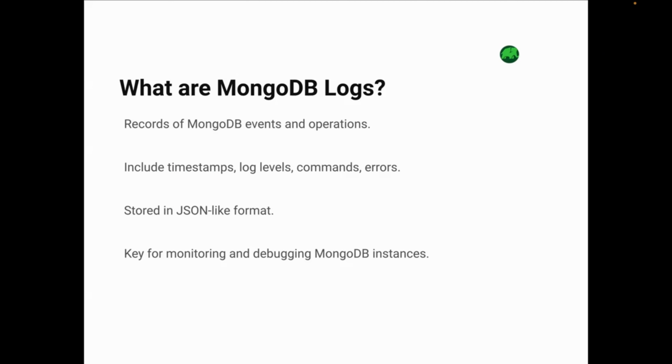First off, let us clarify what MongoDB logs are. These logs are essentially records of events and operations within your MongoDB instances. They capture timestamps, log levels, commands, and errors, everything you need to keep track of your database health and performance.